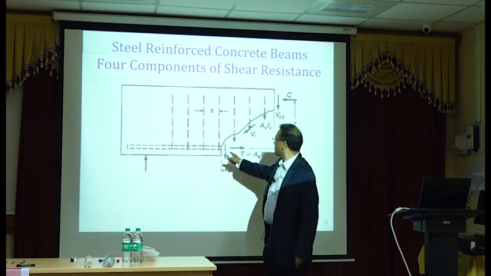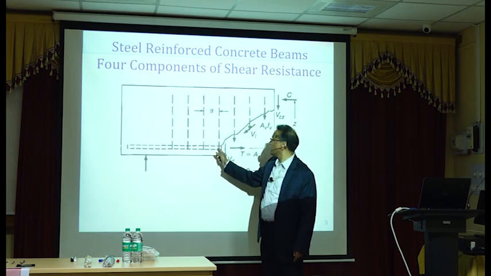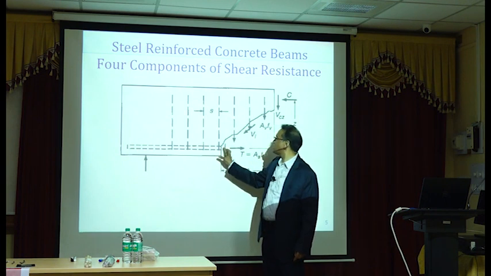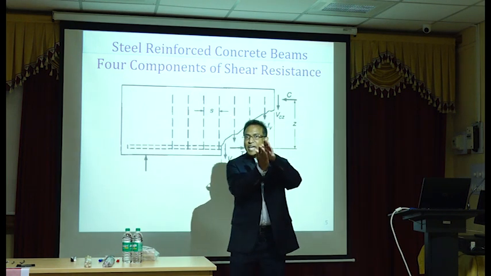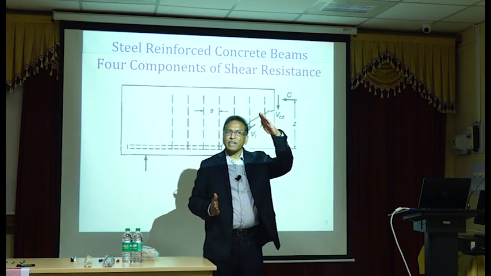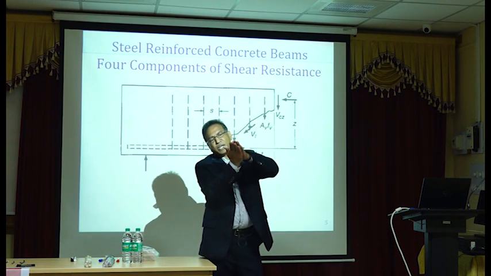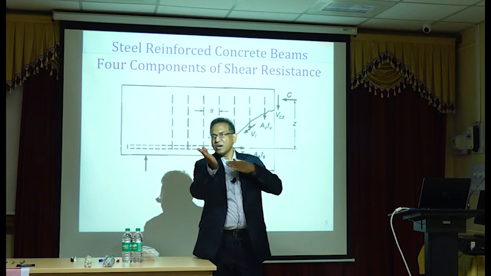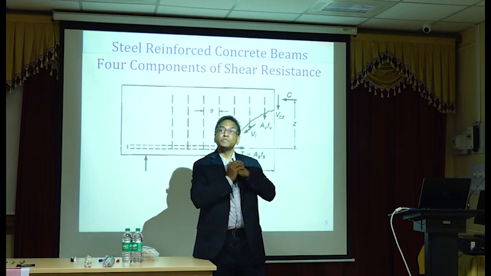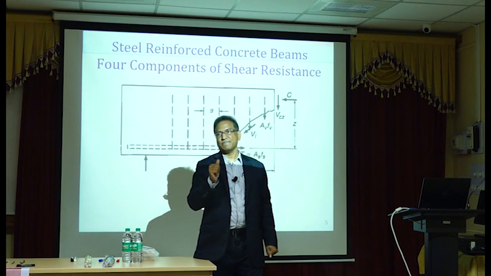If this reinforcement is FRP, you will have larger elongations. Larger elongation means larger diagonal crack. That means they will lose contact, so one side of the crack will not be in contact with the other side. Therefore, there is no aggregate interlock. So that will reduce your shear resistance.